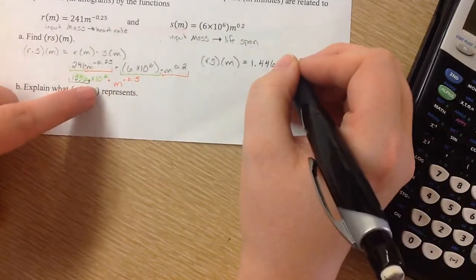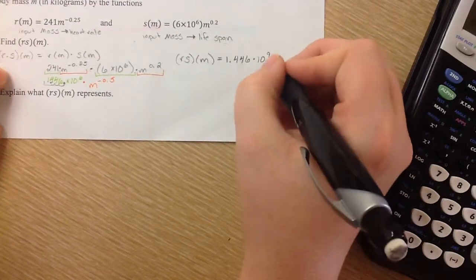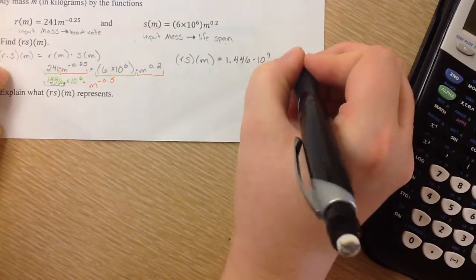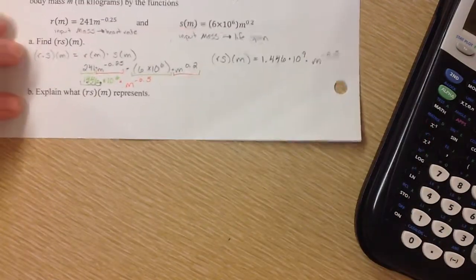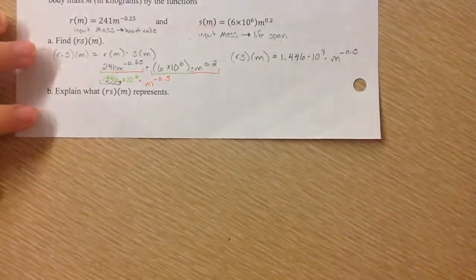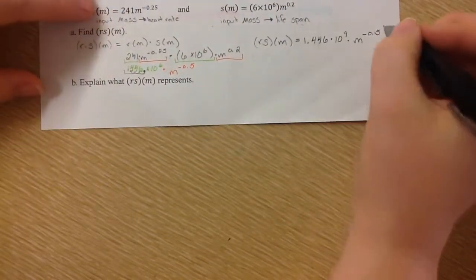It was 6, but I went 3 more places, so that would be 6 plus 3, 10 to the 9th, times M to the negative 0.05. So there is my final function. There's my R times S of M.